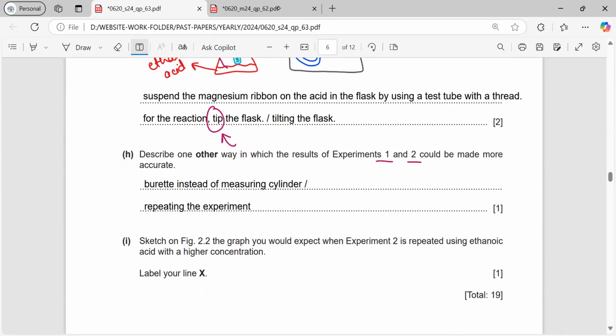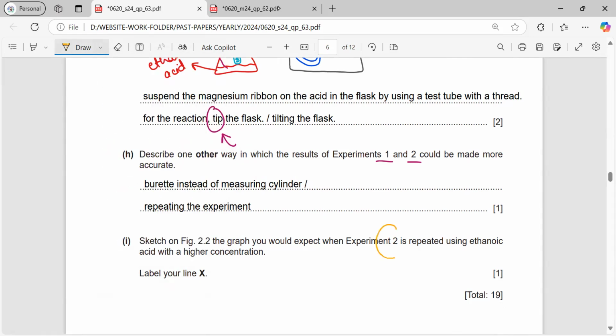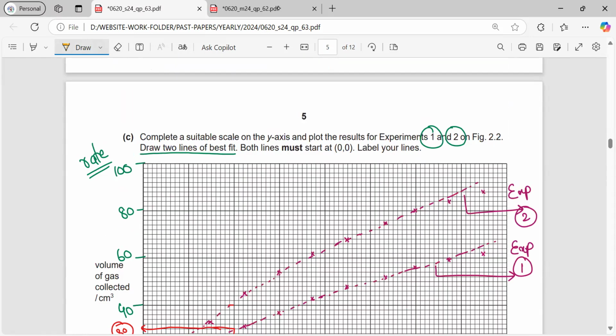Then sketch on figure 2.2 the graph you would expect if experiment 2 is repeated using ethanoic acid with higher concentration. So we have to draw the line which indicates experiment 2 when it is repeated with a higher concentration of ethanoic acid. Obviously, the rate will be more, so the line will be steeper.